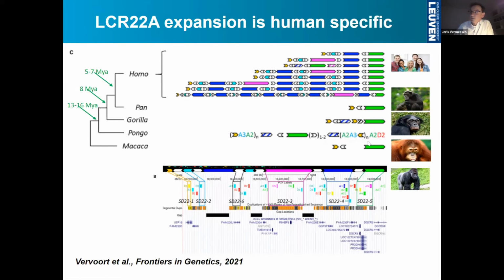And basically what you can see is that in chimp, you have a very short unit which only consists of this first block, in which PRODH and then the DGCR5 is located, and then some region which is recurring, and then the other anchor. So basically the two anchors are maintained.